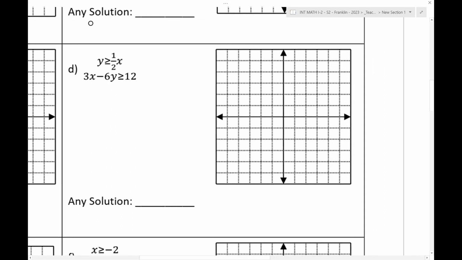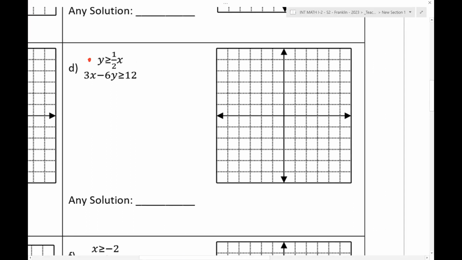Okay, for example D, the first inequality is ready to graph, so we can go ahead and graph that. Now you'll notice this one doesn't have a y-intercept. There's no number there. And remember, when that happens, you can think of it as having an invisible +0 there that you don't have to write. So this inequality will start at the origin, right here at 0, 0.